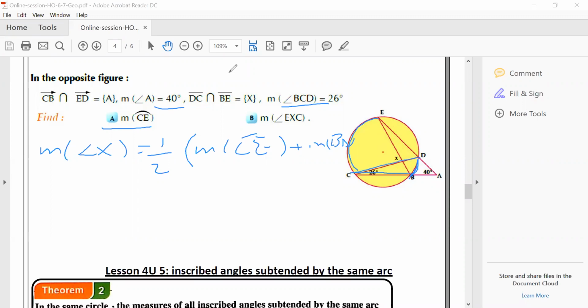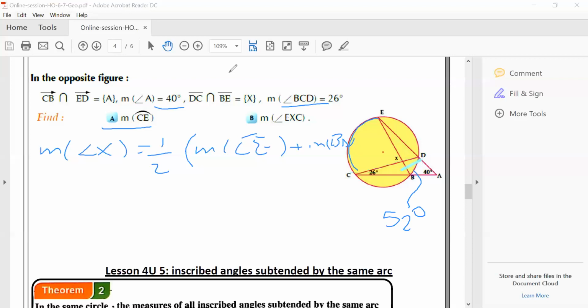This is the inscribed angle. We said that an inscribed angle subtended by an arc equals half the opposite arc, or the arc is double the inscribed angle. So I can get the measure of arc BD, which is double 26, equal to 52. We need to have strong observation in connecting angles with arcs.